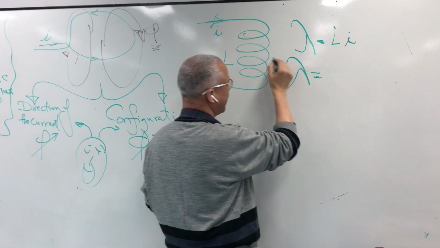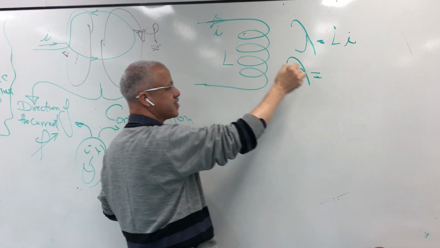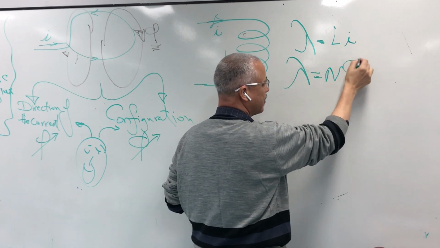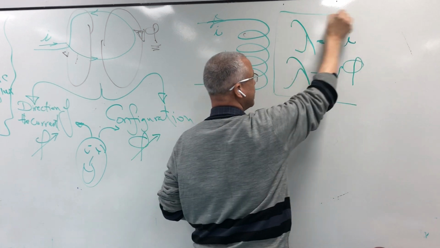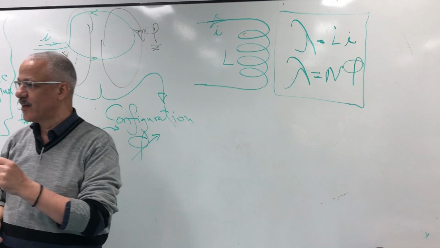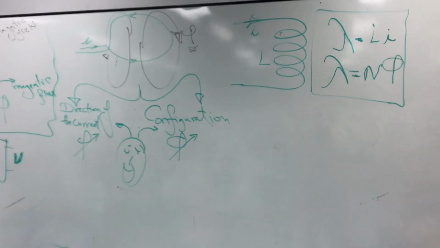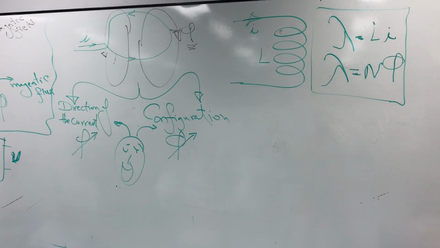If I have one turn, lambda equals phi. If I have n turns, lambda equals n phi. So I have two flux linkages, Li and n phi.